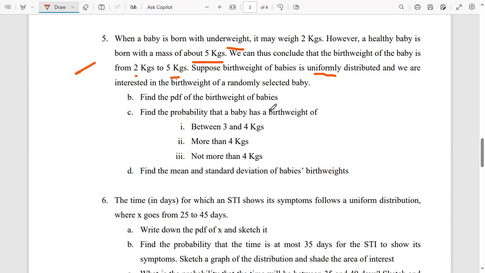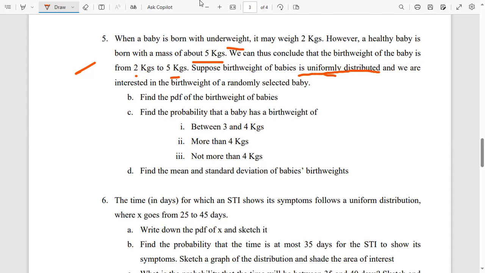So the most important word here is that it's uniformly distributed. The uniform distribution has its own formula for the PDF and the CDF, as well as the mean and the standard deviation.